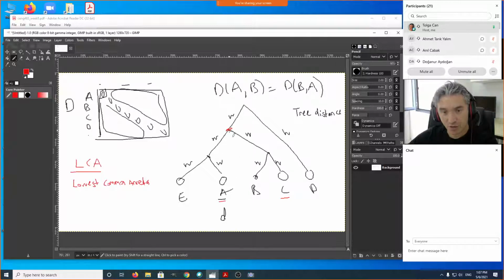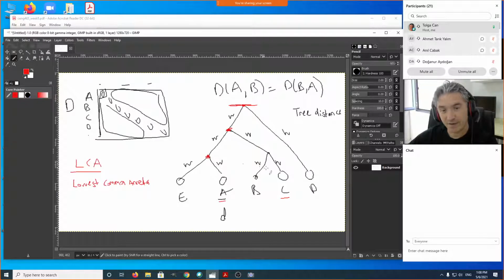Ancestors: this node, this node, and this node. These three nodes are ancestors of A. The ancestors of A are the nodes that come before node A on the path to the root node.